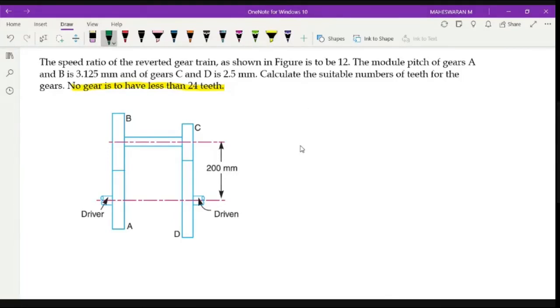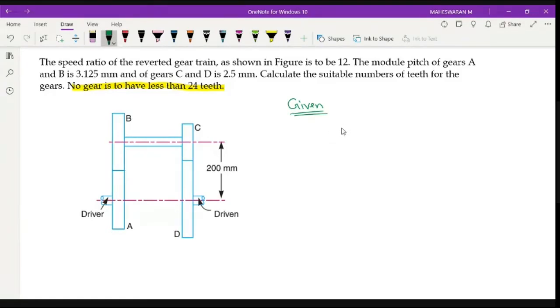So what are the given data? Let us write what the given data are. Speed ratio is given, right? What is speed ratio? Input by output or output by input? Input by output.